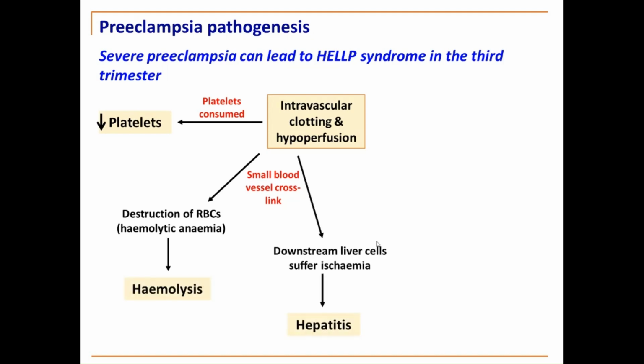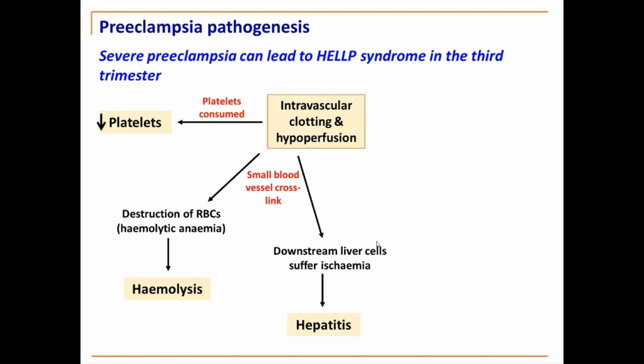At the same time this clotting within these blood vessels is occurring, a lot of it's occurring in and around the liver, which means the downstream hepatocytes or liver cells suffer ischemia, and that can lead to hepatitis.